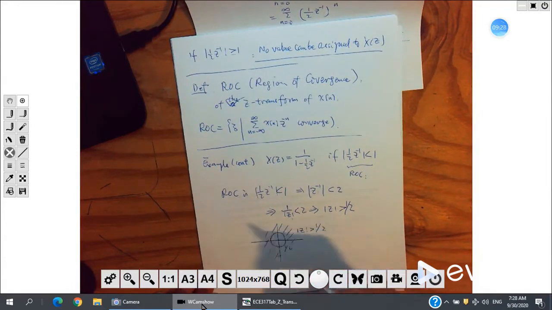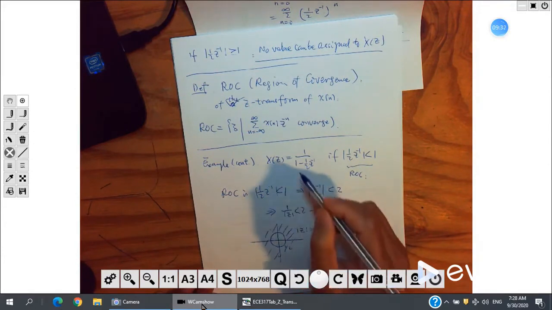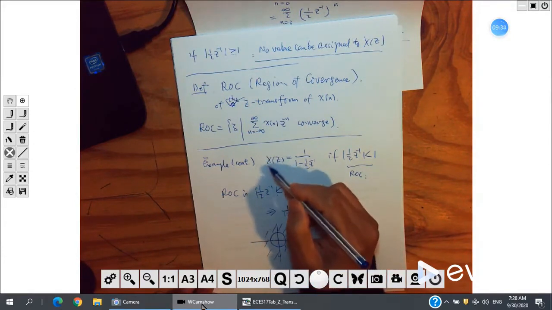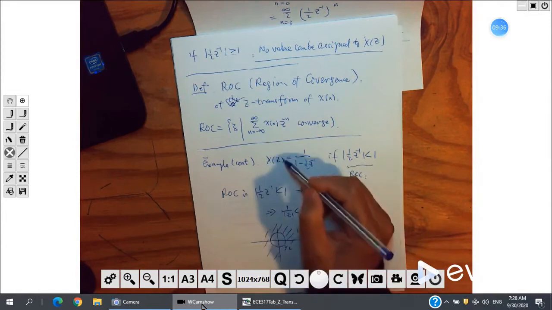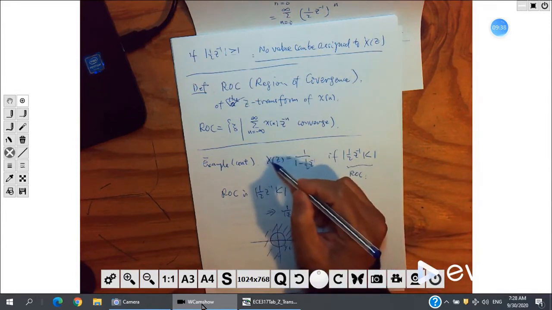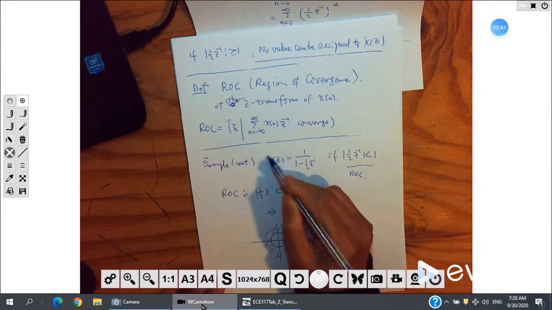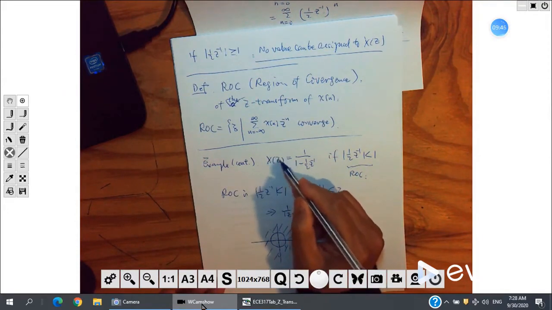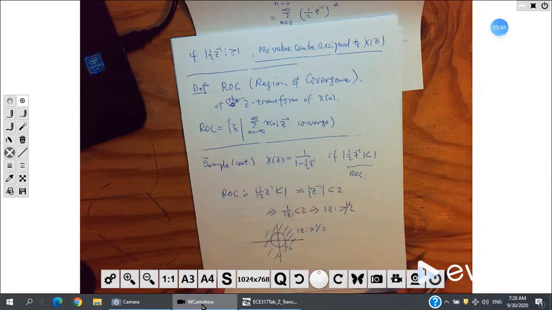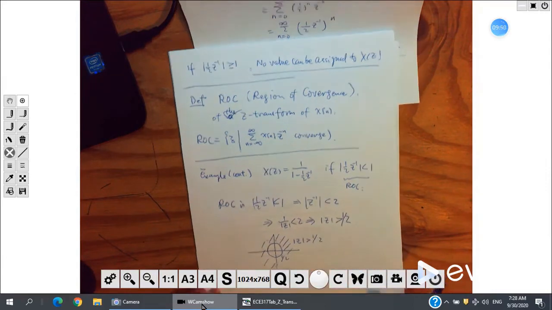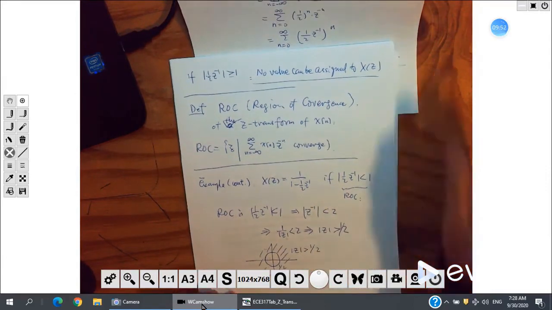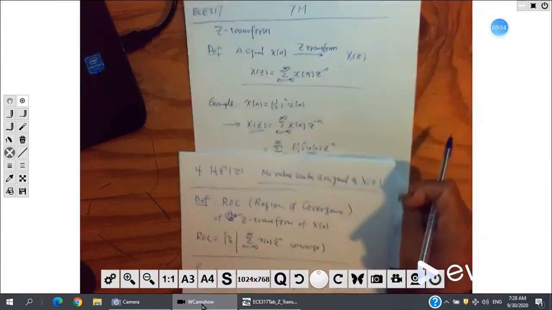If you pick z from this place, then you have X of z, a value of the z transform. If you pick a value inside this circle, it does not have a value. You cannot give a value for it. Okay, this is the RC.